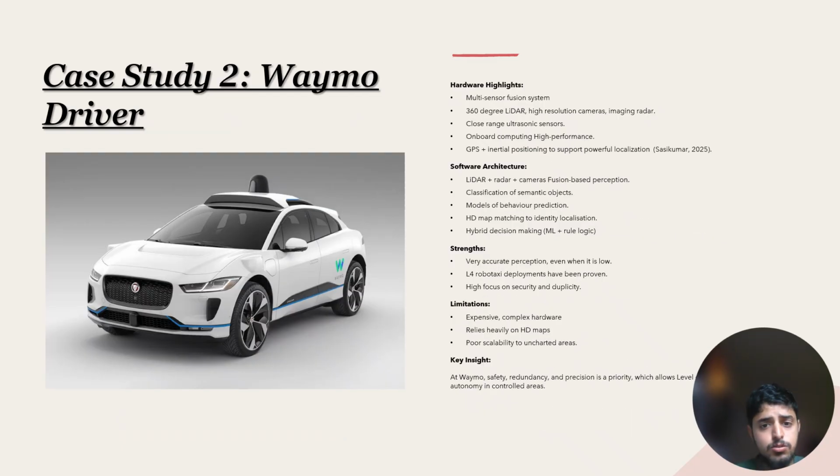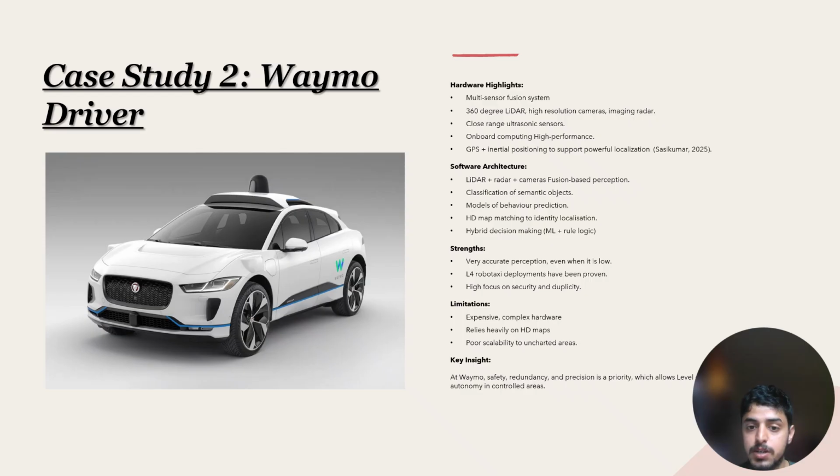Similarly, slide 7 also show about the case study Waymo Driver. Waymo takes very different strategy. It used the multiple sensor fusion approach to combine lidar, radar, camera, and ultrasonic sensor to create a detailed and redundant perception system. Its software uses lidar based 3D mapping, behavior prediction model, and rule-based decision making combined with machine learning.